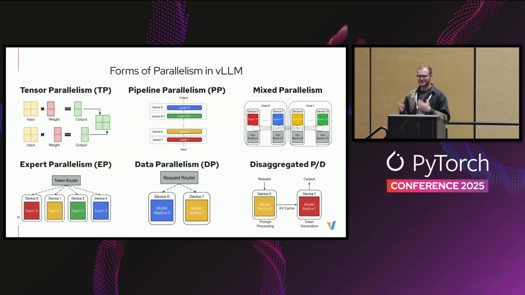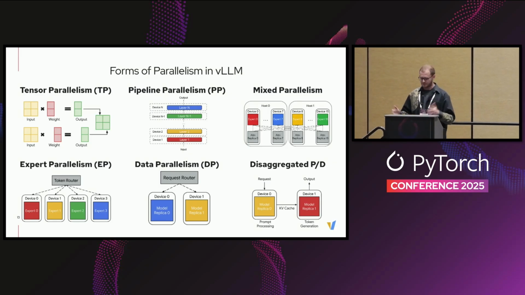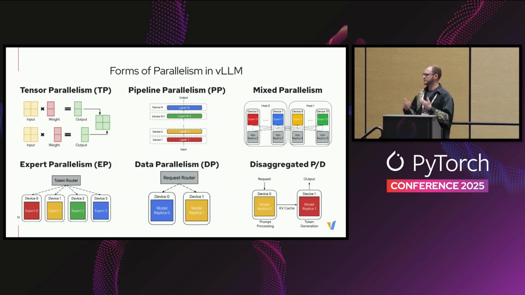There's obviously a lot of time we could spend on why you want to use the different types of parallelism: tensor parallelism, expert parallelism, pipeline parallelism. There's even more than this that we support. But we're able to mix these types of parallelism depending on the architectures and the hardware specifics that you have. And we're even able to disaggregate the prefill, the prompt processing, and the decoding, the output token generation, through disaggregating prefill and decode and transferring the KV cache between different instances of vLLM.